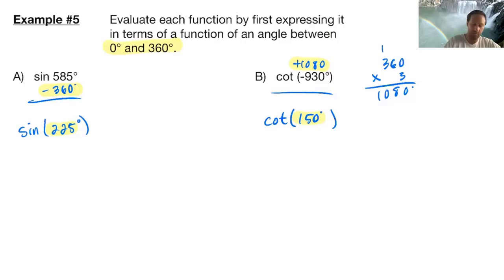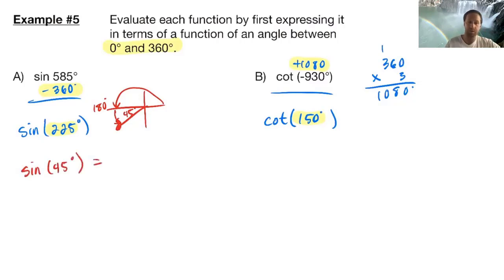Now all we have to do is figure out where those are located. So all I'm going to do is draw a quick sketch just to try to hit this home again, because it's still kind of new. And I'm going to know that I'm going to have to add an extra 45 degrees to get to that point. So this is actually also equivalent to the sine of 45 degrees. Now, if you put that, be very careful. Remember, you're not actually at 45 degrees. We are actually located here at this point.